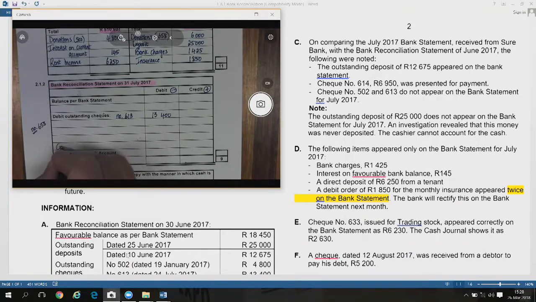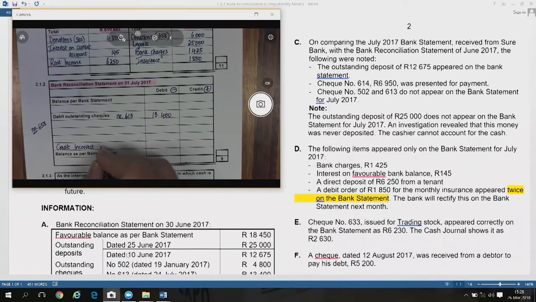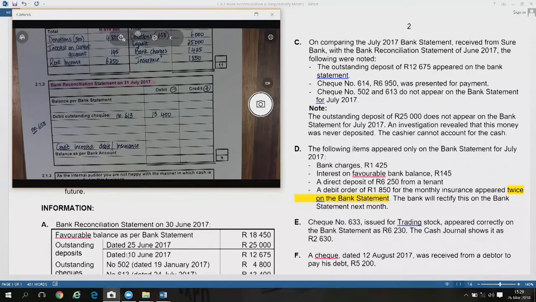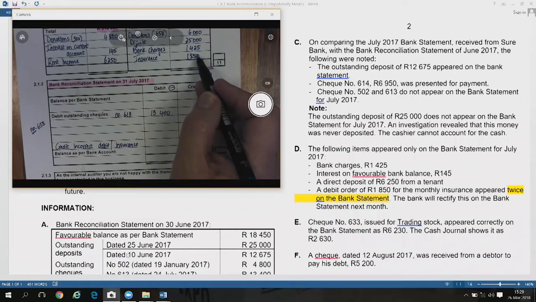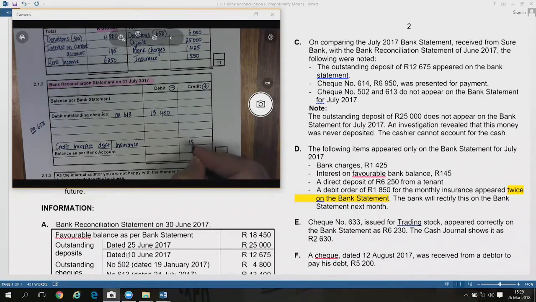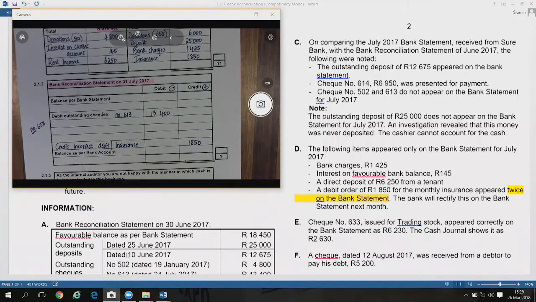So you can say credit, incorrect debit, or you can say insurance, whatever, it's not a clear fact what you must write there, but as long as you see that they subtract 1850 twice. The first one we put there in our CPJ, and the second one we put the money back. They must rectify the problem.